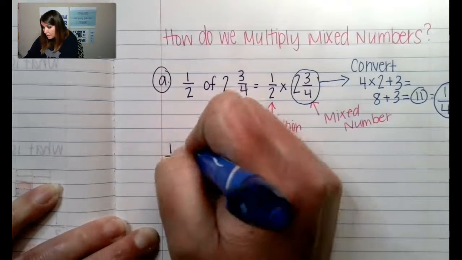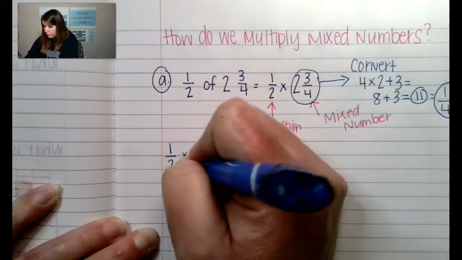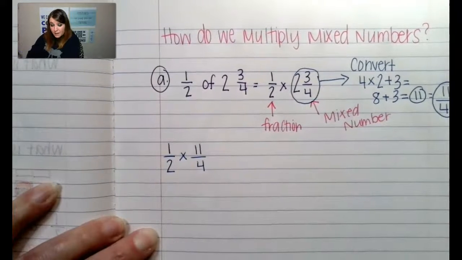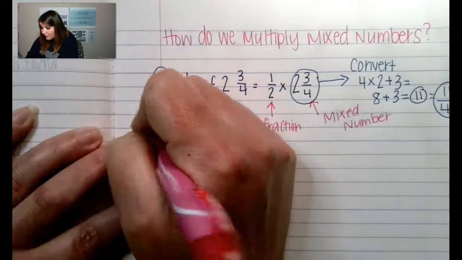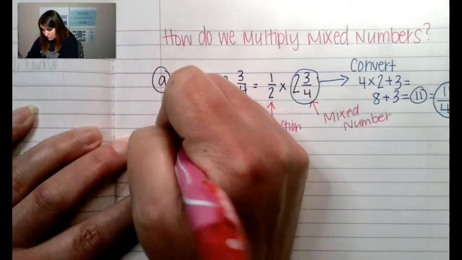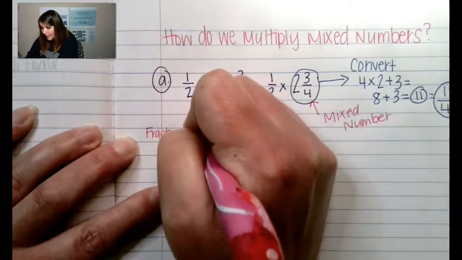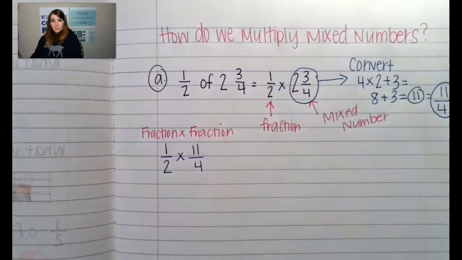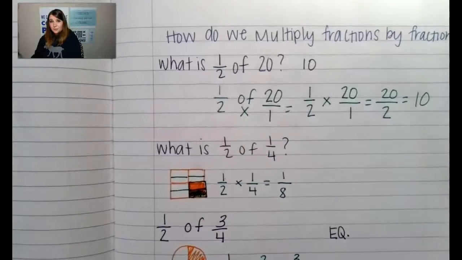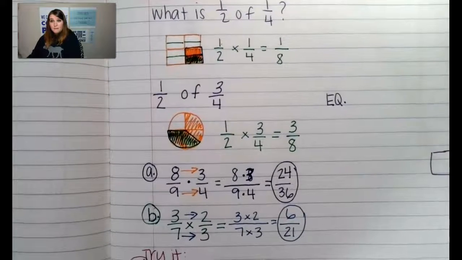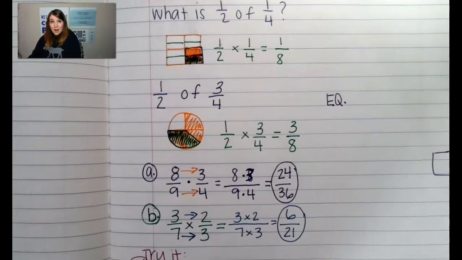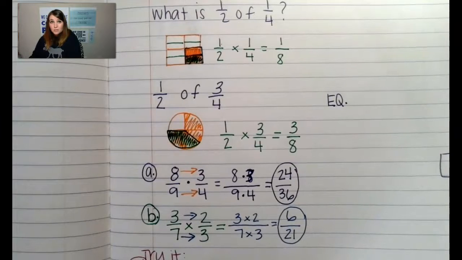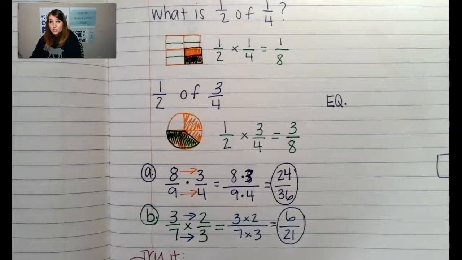So I have 11 over 4. Now I'm ready to multiply because I have a fraction times a fraction. It's going back to what we did yesterday. A fraction times a fraction. I am 100% ready now to multiply straight across.